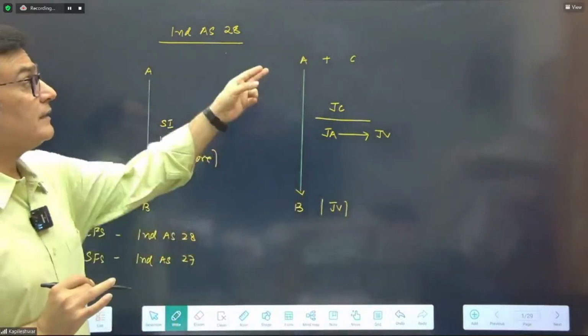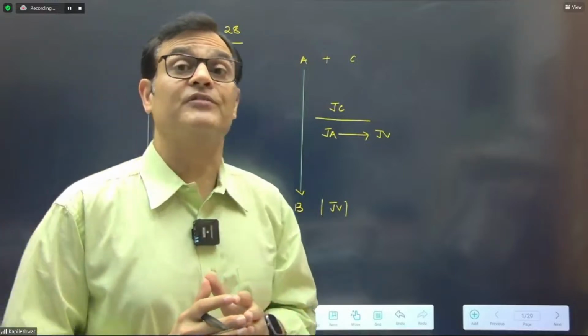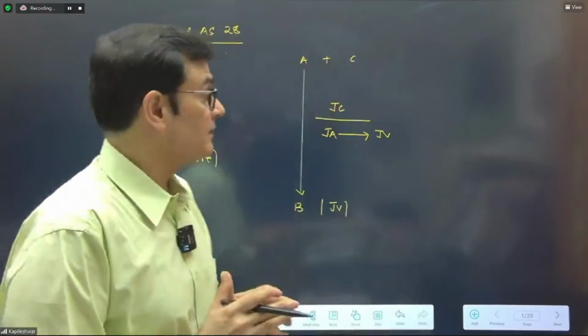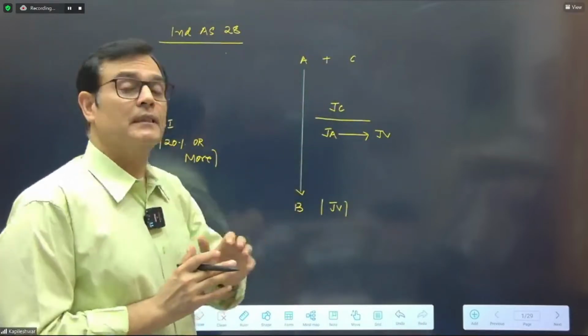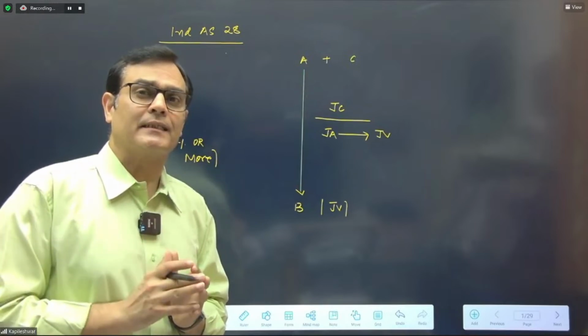So mind it carefully that A and C have got a joint control, not significant influence. They've got a joint control over B, and this resulted in a joint arrangement, but then it got classified as a joint venture under Ind AS 111.